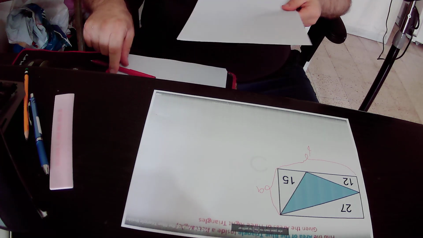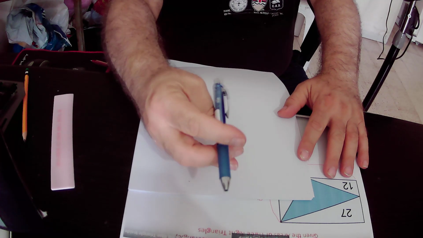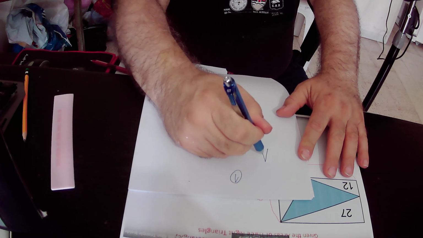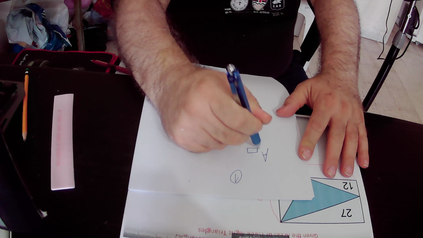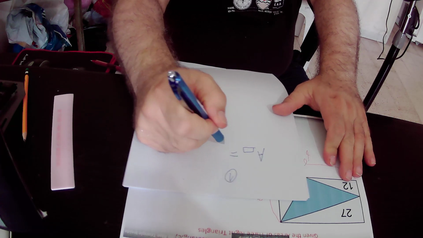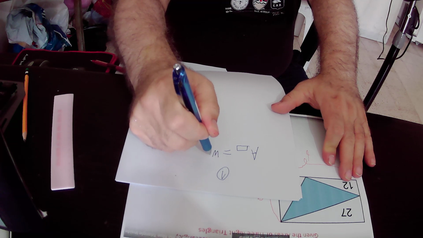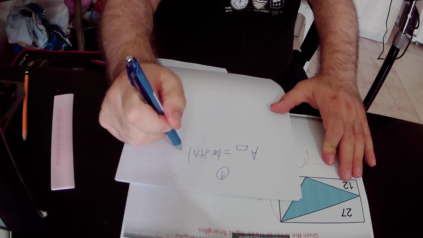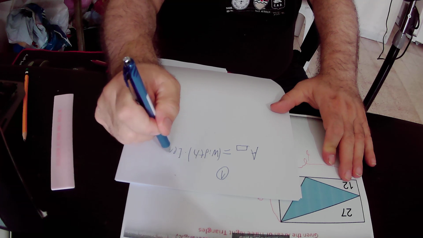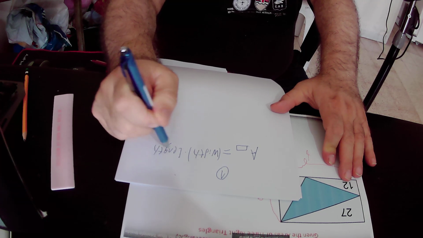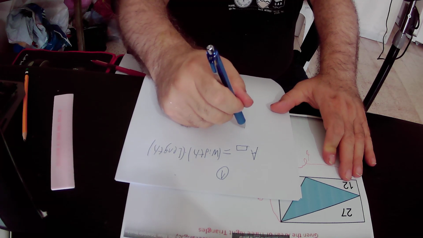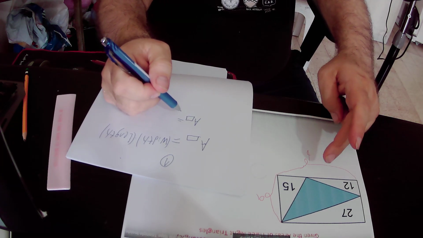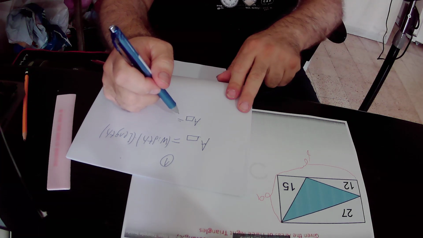So we can write here that the area of a rectangle equals the width of the rectangle times the length of that rectangle, or in our specific example, the area of this rectangle will be a times b.